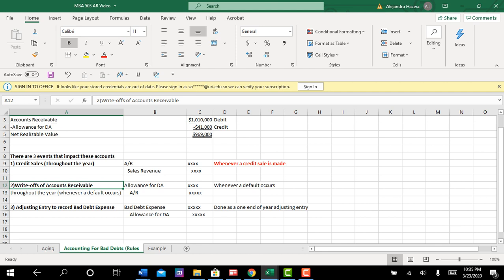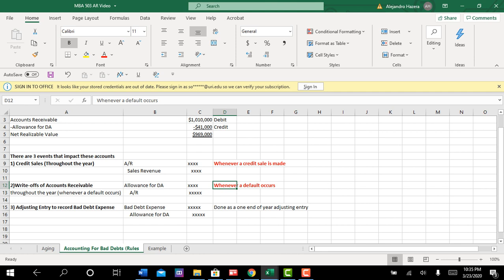When a customer calls you up and says, we're not going to pay, we're leaving town, whenever a default occurs, that they're not going to pay, you must write off that account. By writing off, we say you must take it out of accounts receivable, because you cannot have an amount in accounts receivable which claims that you will collect that account.